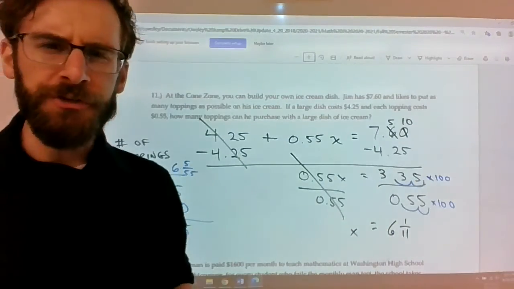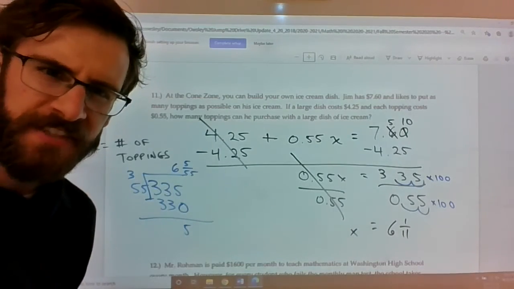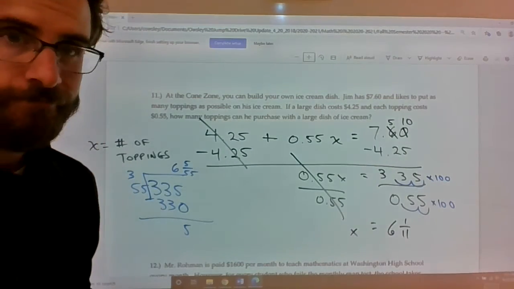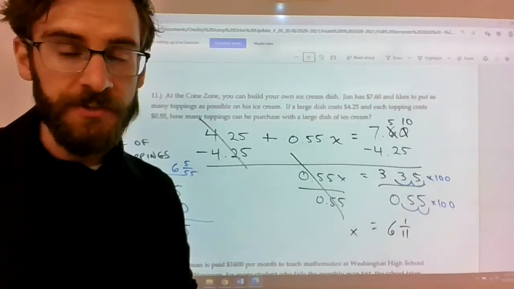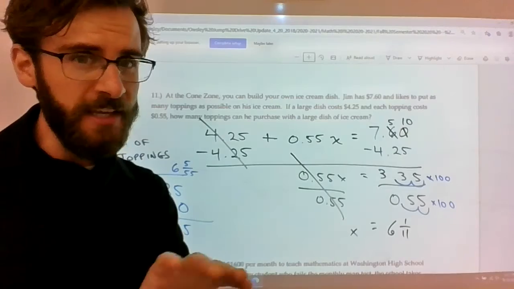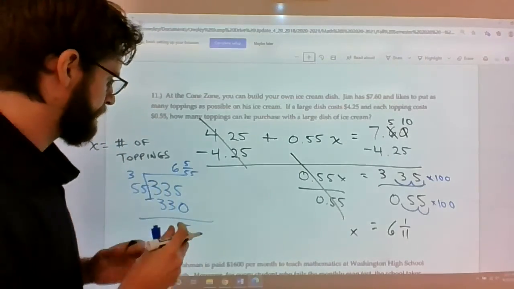The question is, what do you do with that answer? Can I purchase 1/11 of a topping? Maybe. But what I want you to start recognizing is, hey, he's only got enough for 6 toppings. So that's how much he can pay for.